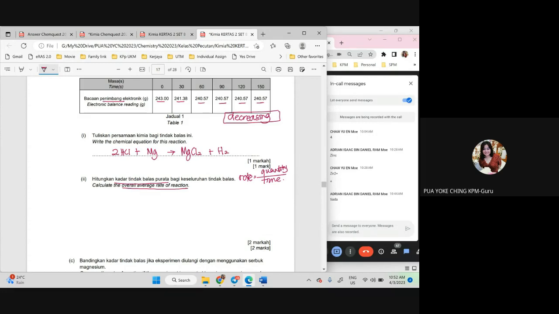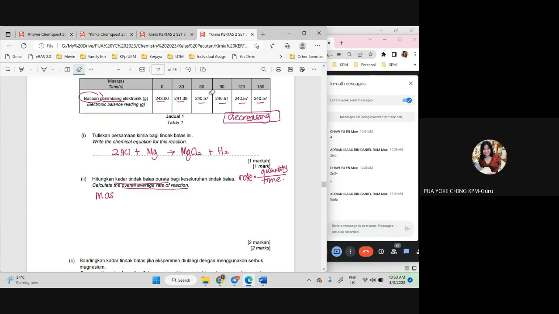Okay, can be volume, can be mass, depends lah on the questions. Okay, so soalan ni nak kira macam mana? Boleh ke saya terus ambil penimbang bacaan? This is, tengok this is bacaan penimbang. So you cannot straight away take this. You need to calculate mass. Mass of magnesium. Kalau you tak tahu dia apa, then you just biarkan, mass.